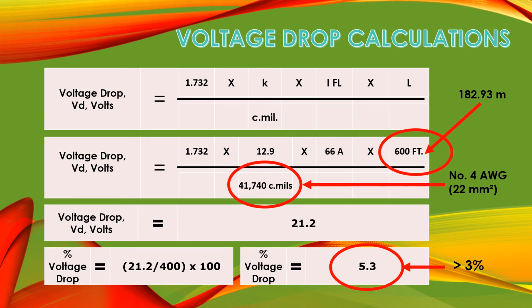So if it is greater than 3%, what will we do? What will we do to decrease the voltage drop? Of course, we have the basic that if the conductor is smaller, and in a particular length there is a resistance, right? Now compare it to another size of conductor with the same length. Which one will have more resistance, the smaller conductor or the bigger conductor?